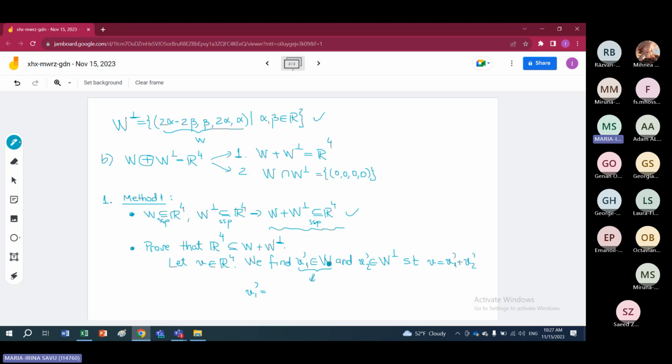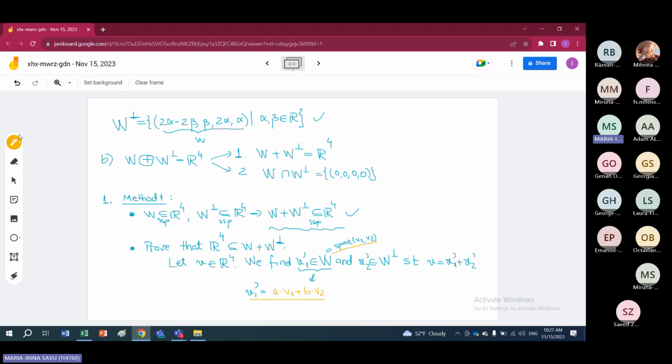Well, W is the span of V1 and V2. So using this fact, you have that V1 prime is actually a constant times V1 plus a constant times V2. Okay, so V1 prime will have this form.